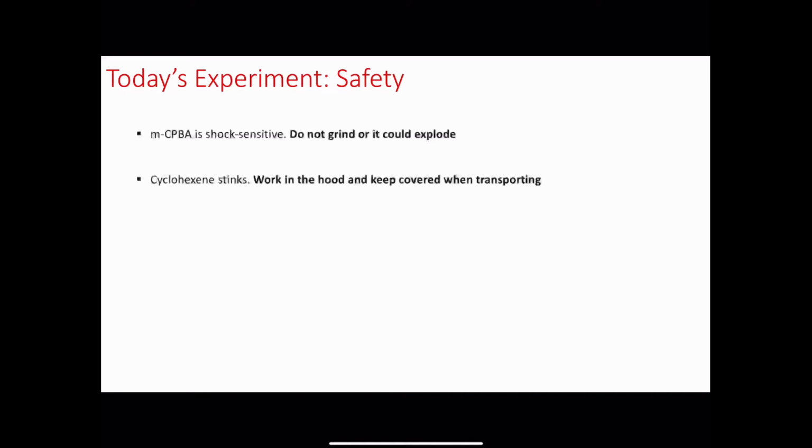Cyclohexene stinks, so you need to work in the hood and keep it covered when transporting. So when you move from the balance area to your hood, when getting the chemicals, you need to keep the container covered. Epoxides are irritants, so try to avoid skin and clothing contact.